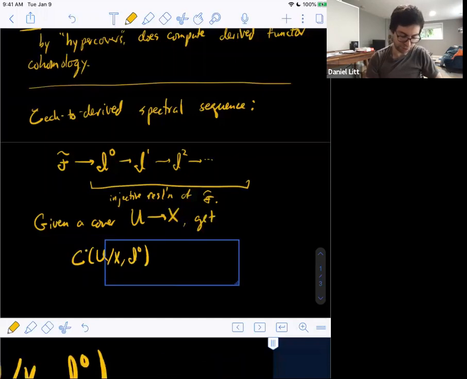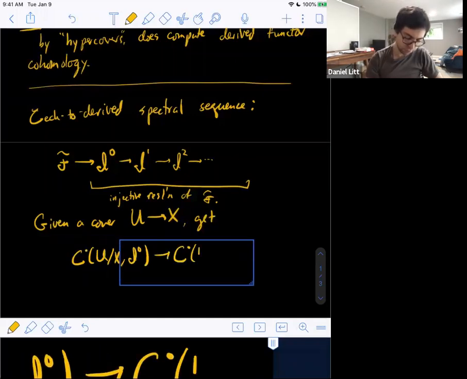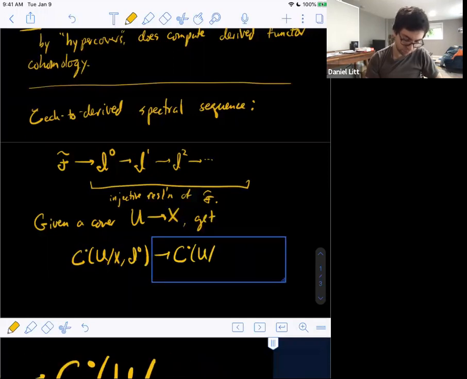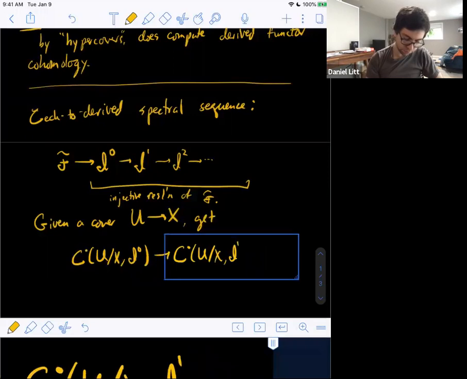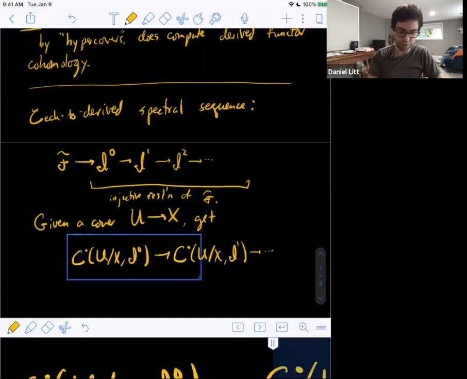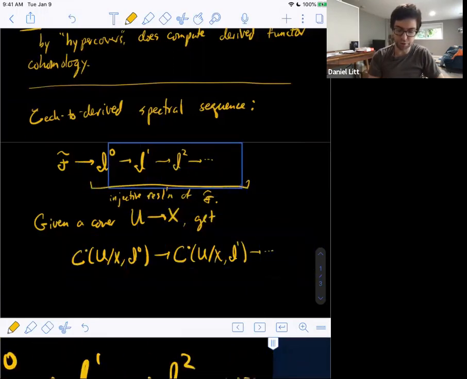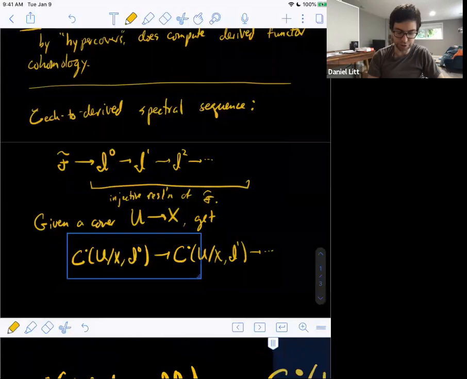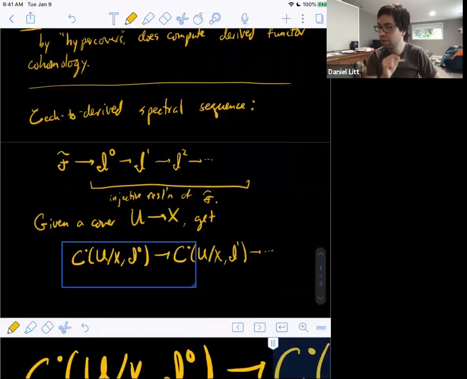We start with the Čech complex of I0, and so on. So this is a double complex, right? Because each of these objects themselves is a complex. I'm going to think of the horizontal direction as coming from the differentials in this complex, and the vertical direction as coming from the differentials in the Čech complex. Are there any questions about that?